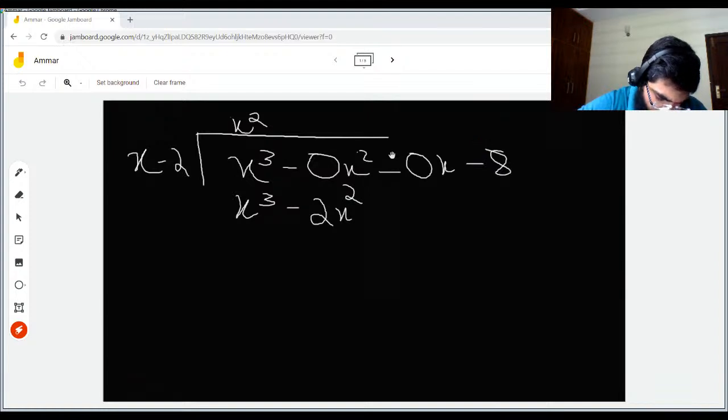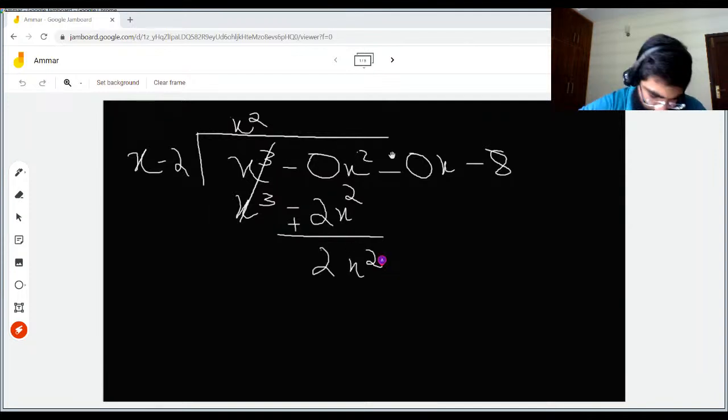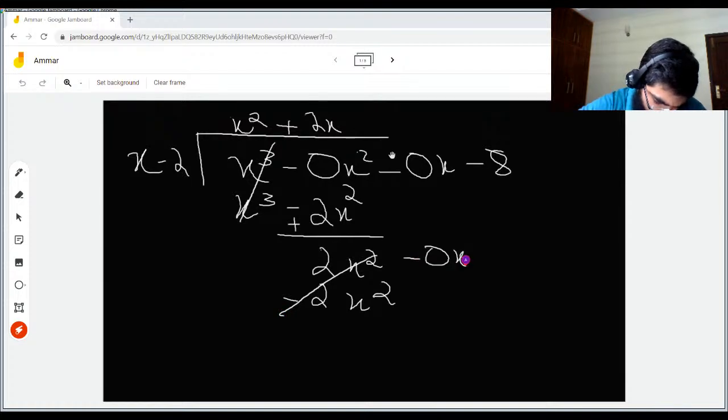Then plus 2x squared, minus 4x, minus 8, plus 4x, minus.